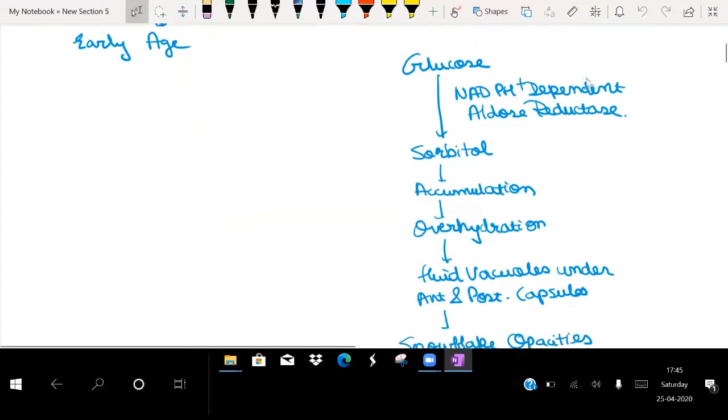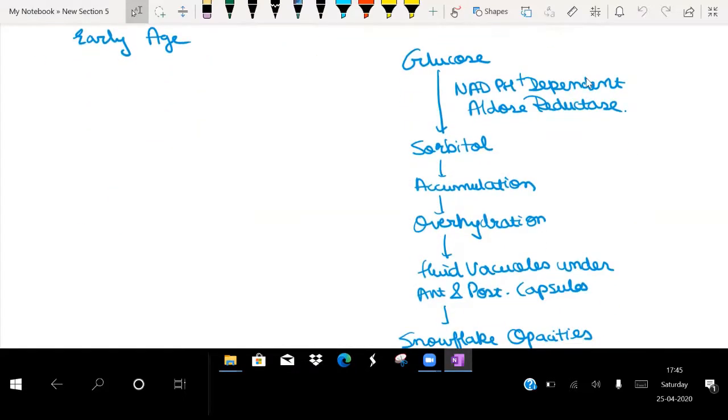The problem here is that glucose is being metabolized by NADPH-dependent aldose reductase. This enzyme converts glucose into sorbitol. There will be accumulation of sorbitol leading to overhydration.